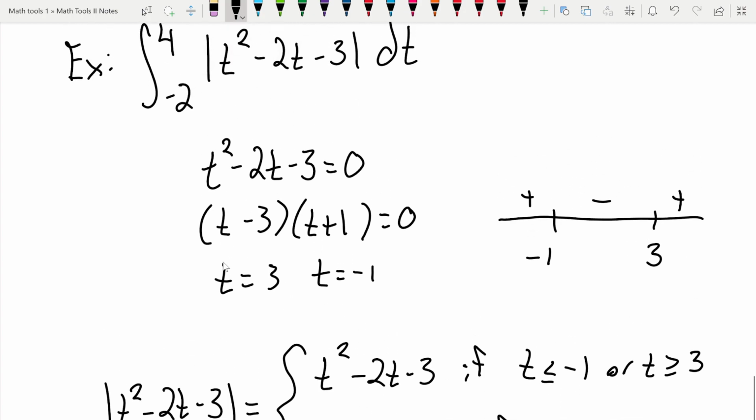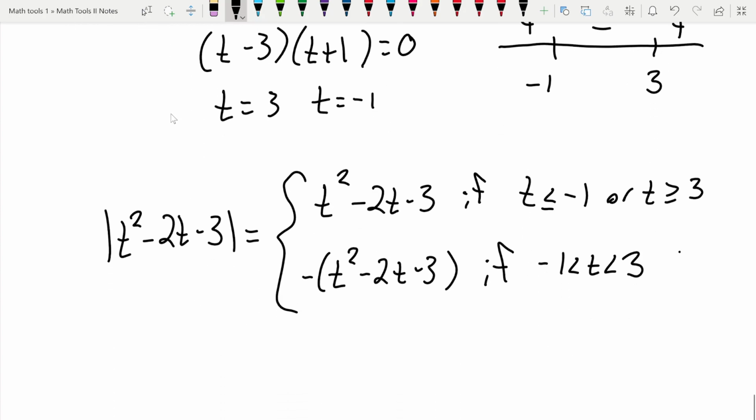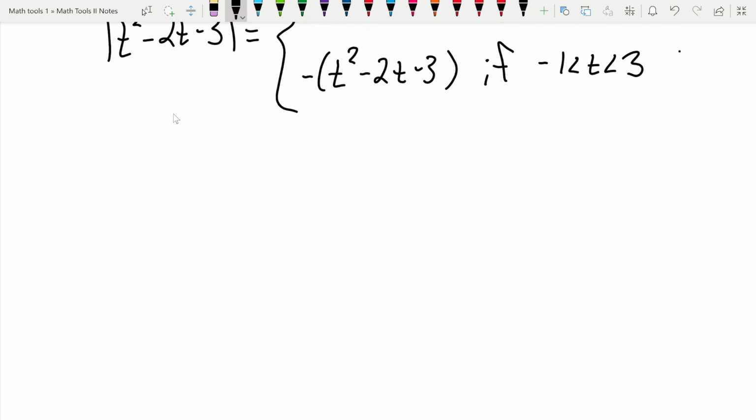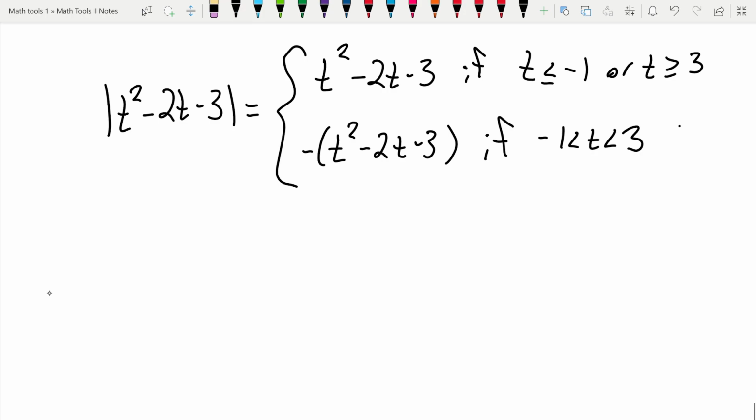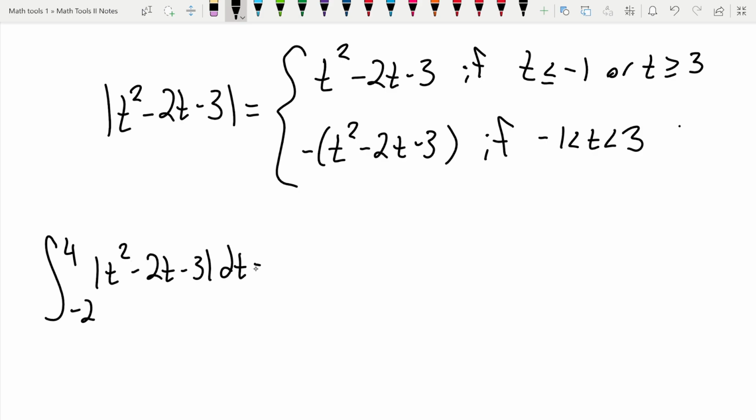So when we're looking at our limits of integration, we can see that it's getting into all three of these regions, right? Negative 2 to 4 were our limits of integration here. So let's just rewrite it down here. Negative 2 to 4, t squared minus 2t minus 3 dt.